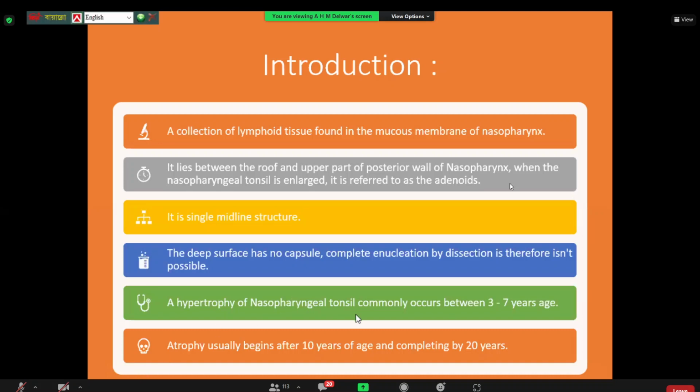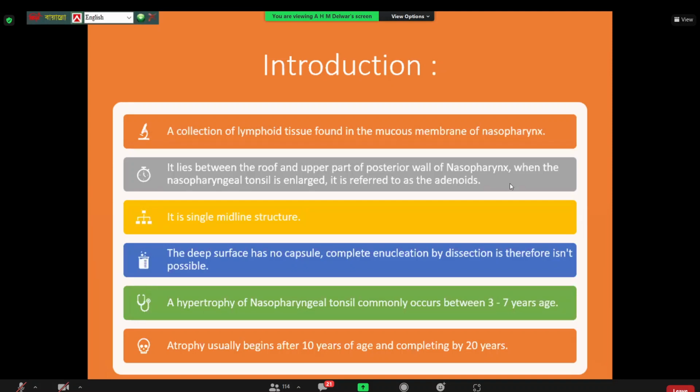Hypertrophy of the nasopharyngeal tonsil commonly occurs between 3 to 7 years of age. So patients' attendants come to you when the patient is suffering from adenoids. Many patients come to us before 3 years, but we cannot advise them to come at 3 years.